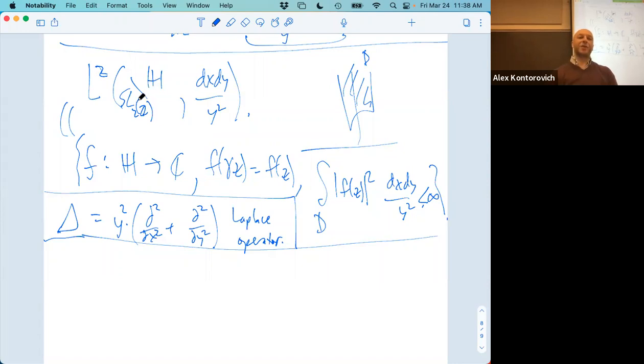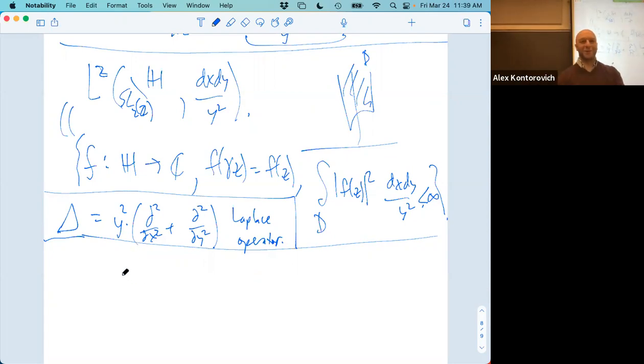So now you can look at functions that are not automorphic, but are modular, that have a weight, and that has a different Laplace operator, because it's not a function just defined on D anymore. It's a function that has a different structure. And there's a way to make a function that's invariant out of a function that's modular. And the Laplace operator on the automorphic version is the weight k Laplace operator on the original.